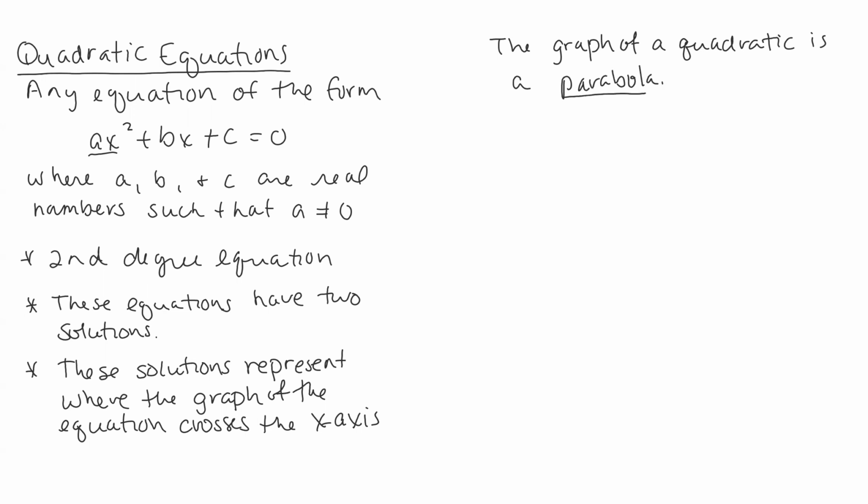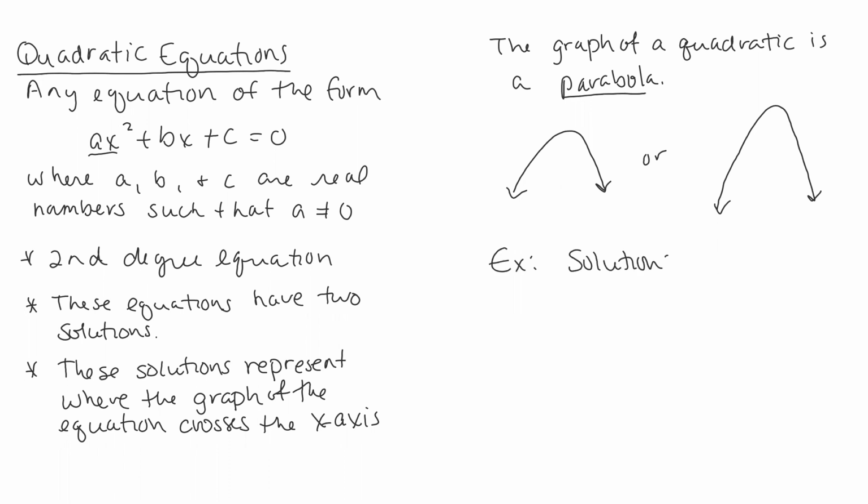And in case you're not sure of a parabola, it would look like this, or this. And again, we're nowhere near ready to talk about the graphing of quadratic equations yet, but I just want you to have a general understanding so that when you do talk about graphing quadratic equations, you have at least a little background info.